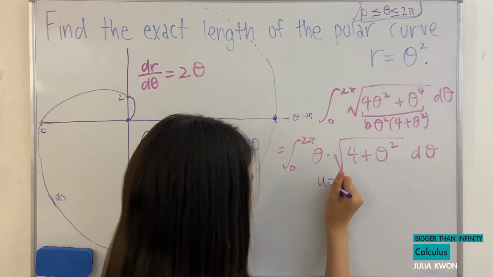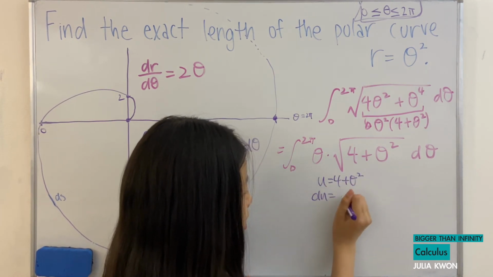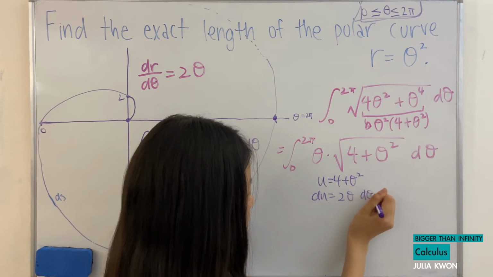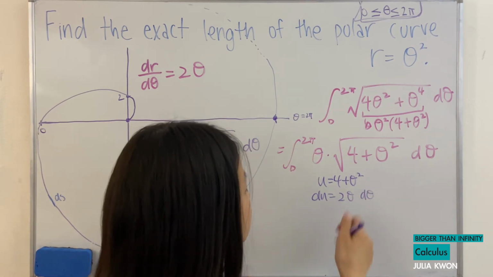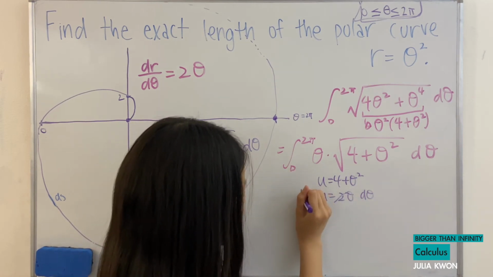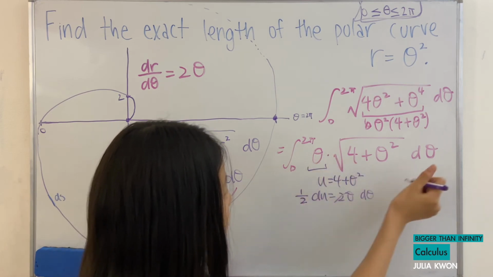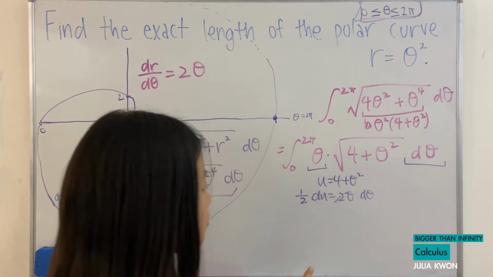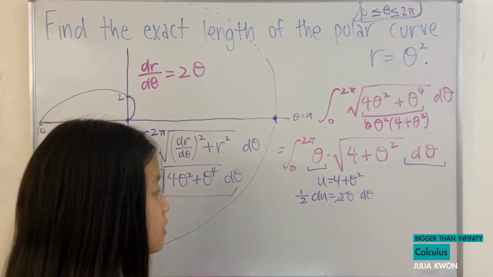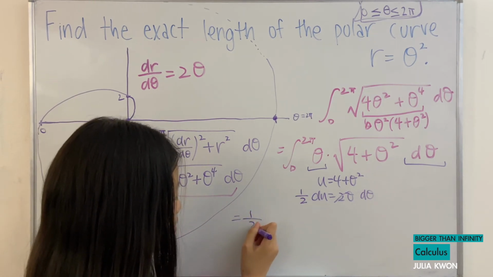Let's set u equal to 4 plus theta squared. That would give us du as 2 theta d theta, and we divide by 2 on both sides since we only have theta d theta. So we're going to replace theta d theta with 1/2 multiplied by du. The 1/2 can go in the front since it's a constant.